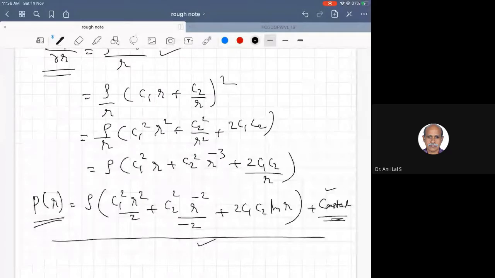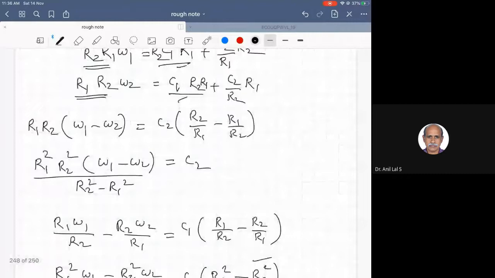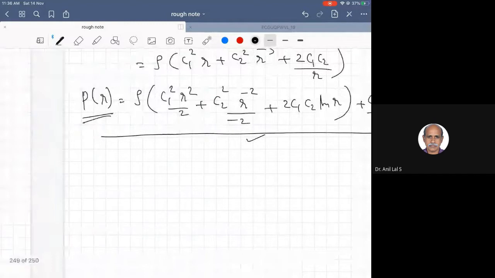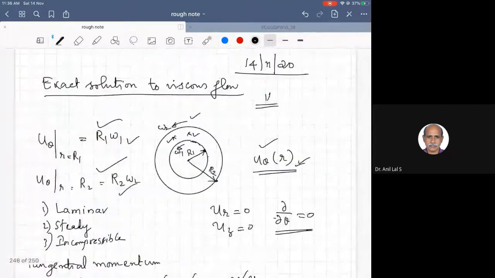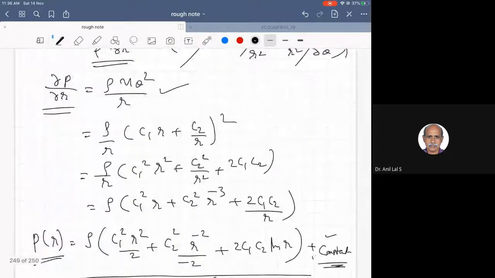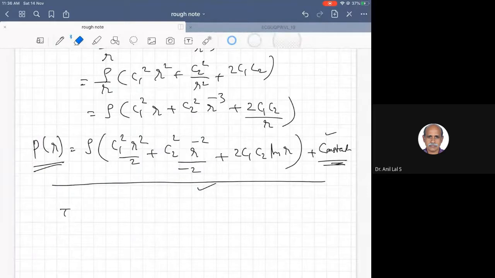This is it. Next we'll try to find the shear stress. Suppose I want to find the shear stress on the inner cylindrical wall. The wall shear stress tau W, that is tau at radius R1, the inner cylinder, is equal to mu into dou u theta by dou r.